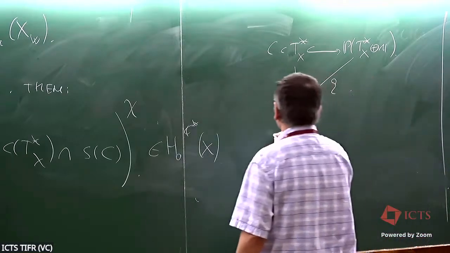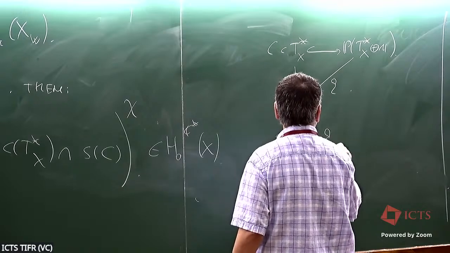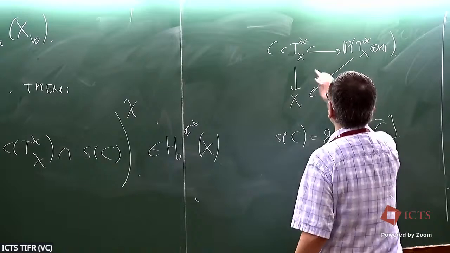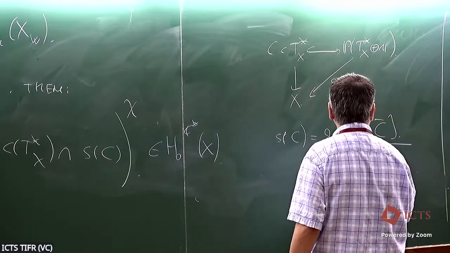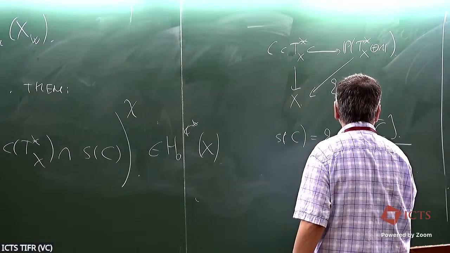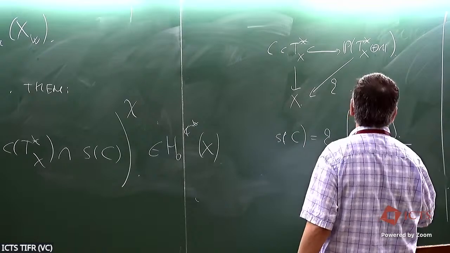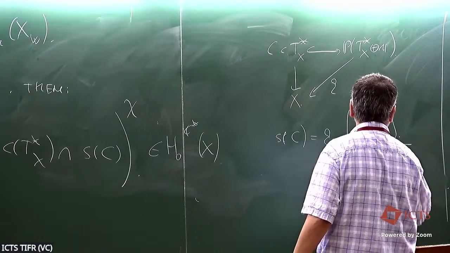And the Segre class of this cone C is just a push forward of the closure of the cone inside here, divided by, well, it's going to be 1 plus c1 of, let me put 1 minus c1 of O of 1.